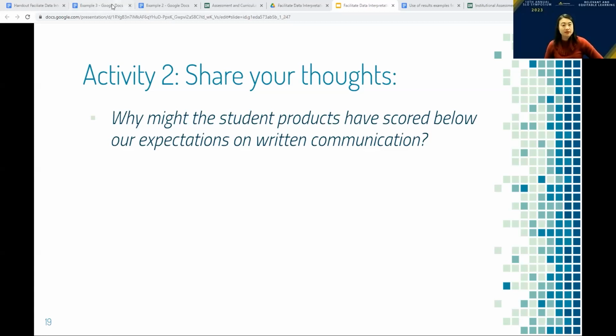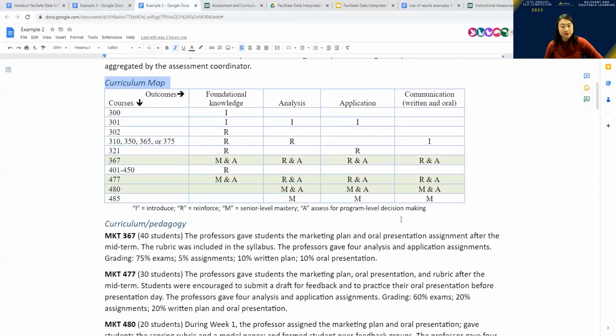All right, now looking at example 2, going back to my screen. What is a very obvious problem? Students are not doing very well when they are assessed in written communication, especially when they are assessed in 367.